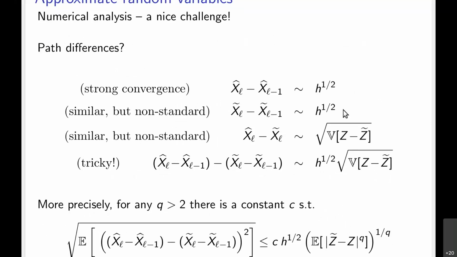You can show that the same is true for the difference between the approximate paths on levels L and L minus 1.